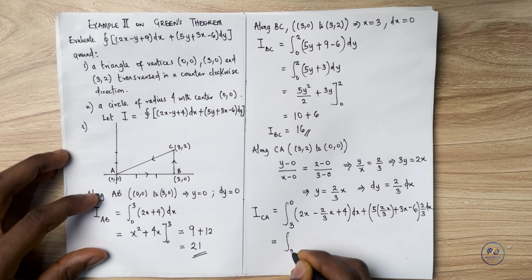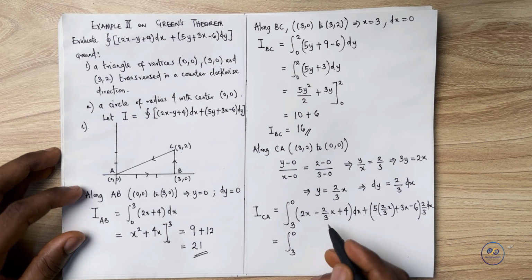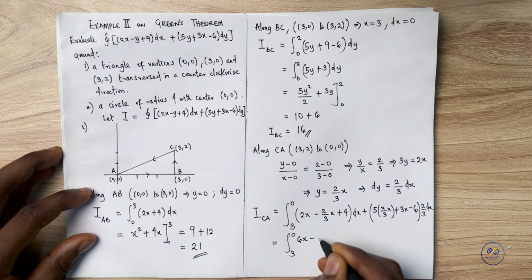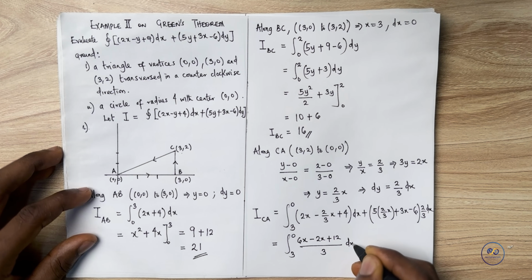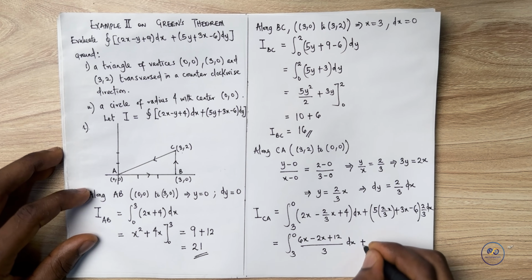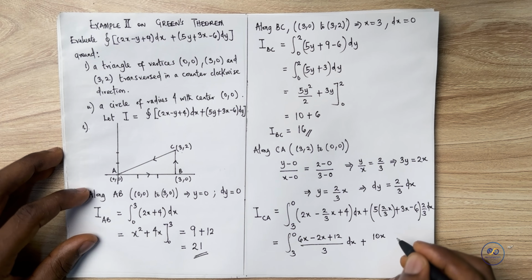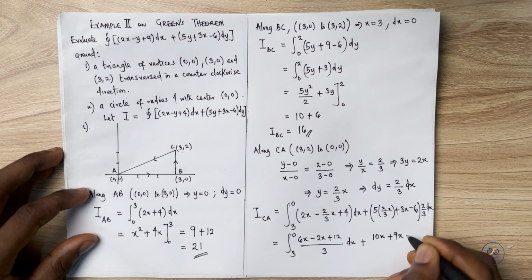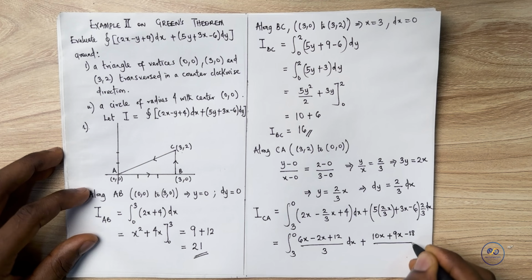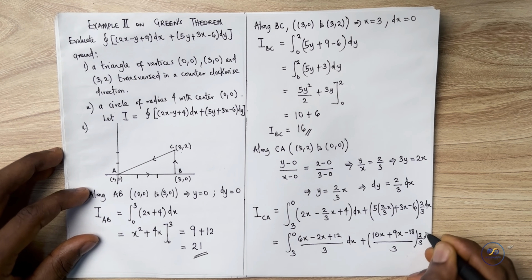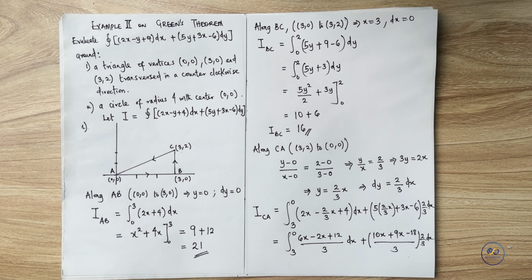This will simply be the integral from 3 to 0 of 6x minus 2x plus 12, all divided by 3, dx, right? And then on this other side, LCM is 3 still. We're going to have 10x plus 9x minus 18, all divided by 3, and of course multiplying 2 over 3 dx outside. So this gives us a good starting point.